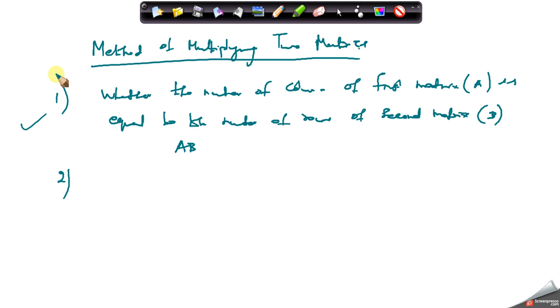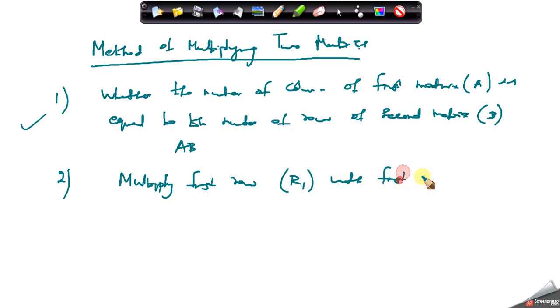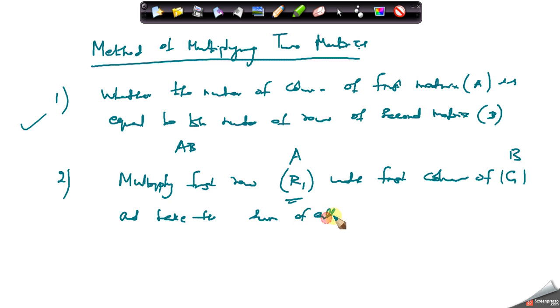we need to multiply the first row, that is R1 of A, with the first column, C1, of the other matrix B in this case, and take the sum of all these products.